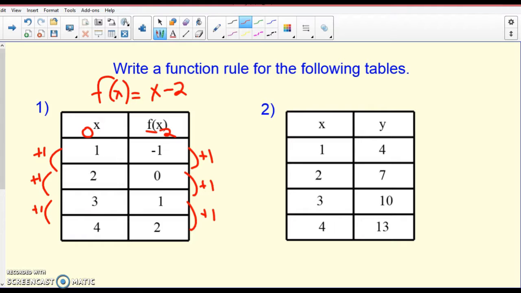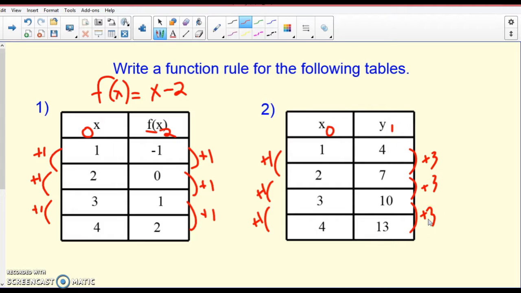Yeah. All right, let's look at this one. My change in y is what? Add 3, add 3, add 3, and over here, add 1, add 1, add 1. What's the initial amount in this table? What is the initial amount going to be? 1.